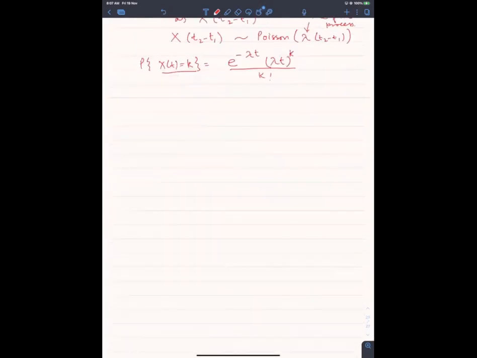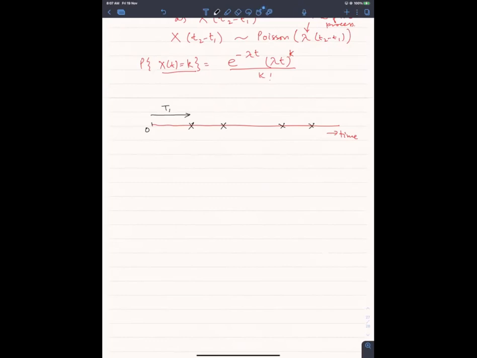We talked about the waiting times and inter-arrival times. If you have a Poisson random process, you have time here and events arriving randomly. Let's say one event occurs here, another here, then another here, another here, and then another event occurs here. The time starting from 0 until the first event occurs is T1.